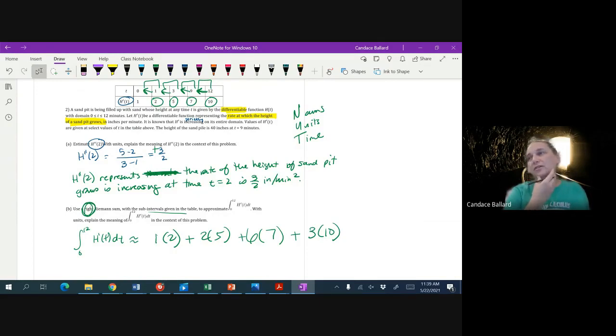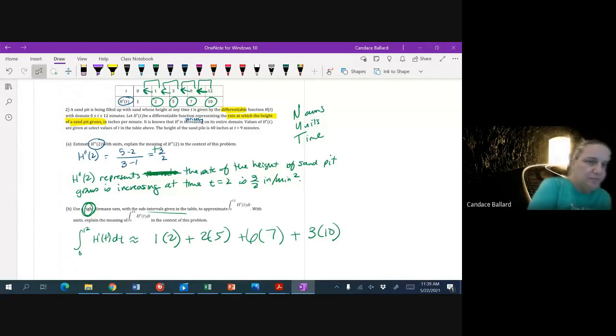Got 2 so far. Want to make sure we're here and awake and paying attention. I like that we're being lazy today. Let's make sure we write out the whole word on Monday. All right, so we get back to the total that the height is growing. I like that Lorenzo listed out the height of the sand pit.